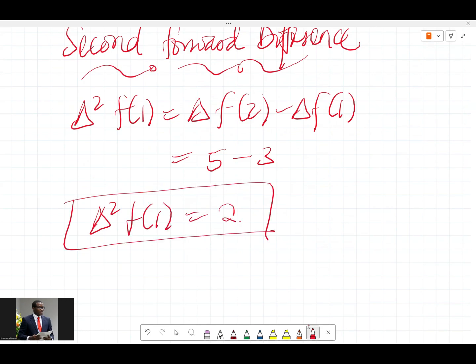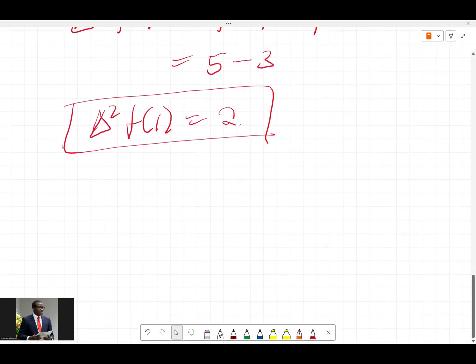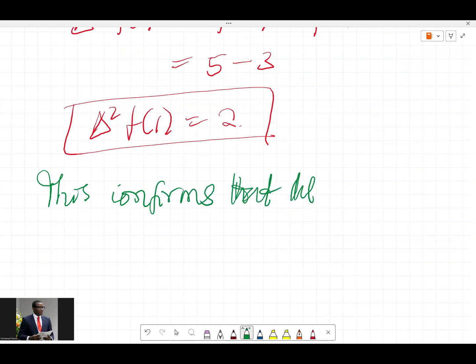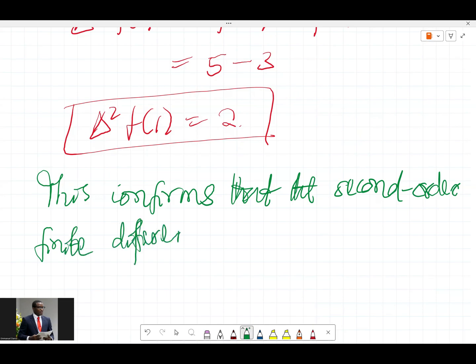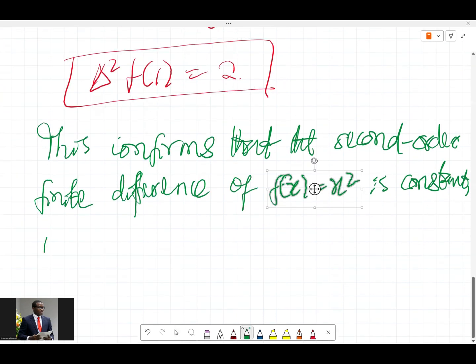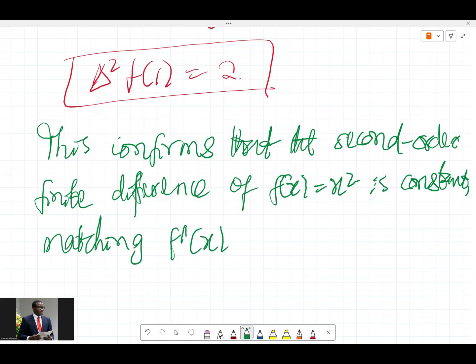This is important. What does that teach us? This confirms that the second order finite difference of f of x equals x squared is constant, matching f double prime of x equals 2.